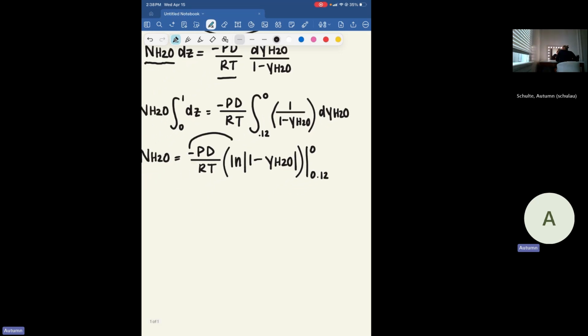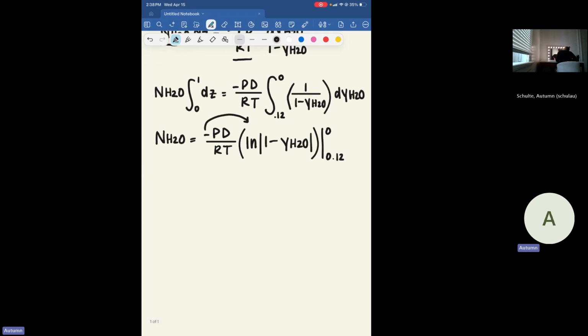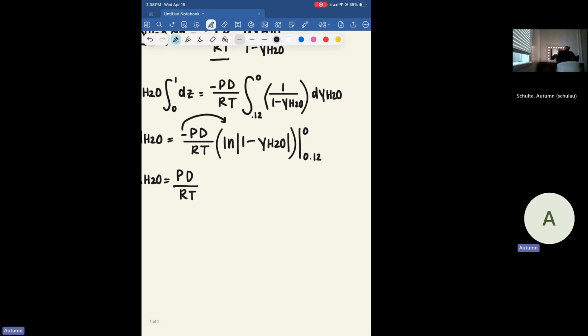I'm going to distribute this negative sign in here. So this is the molar flux of our water, which is equal to our pressure times our diffusion coefficient divided by our gas constant R and our temperature T. This is multiplied by the natural log of the absolute value of our mole fraction of our water minus 1, evaluated from 0.12 to 0.